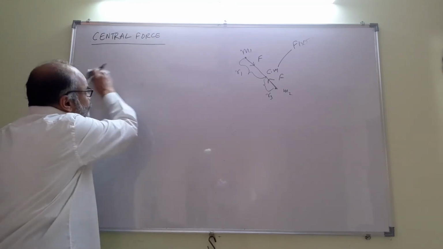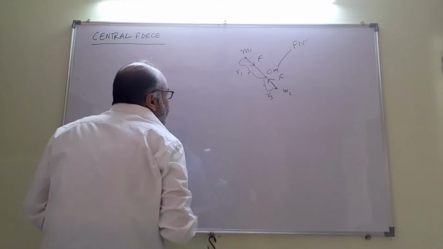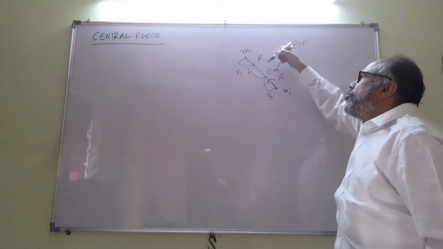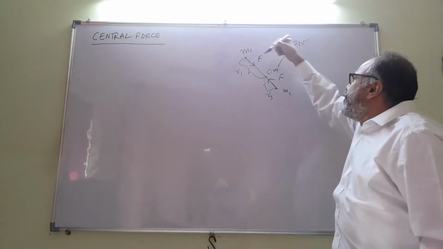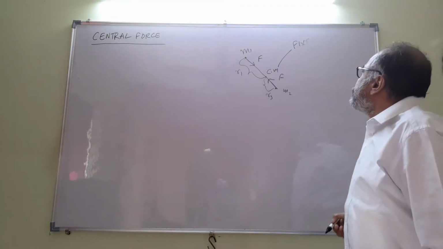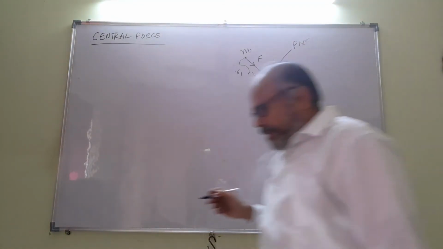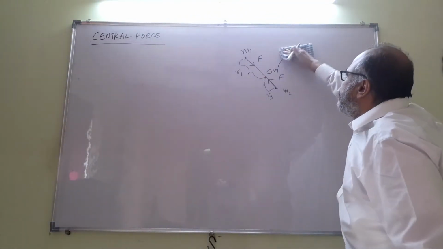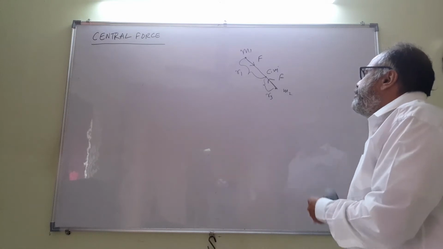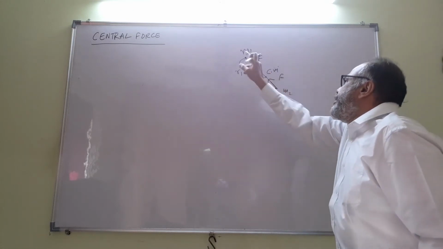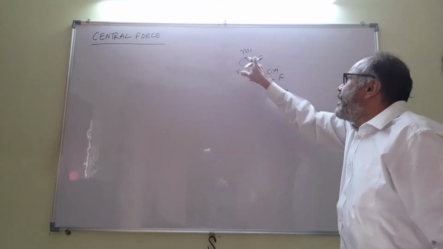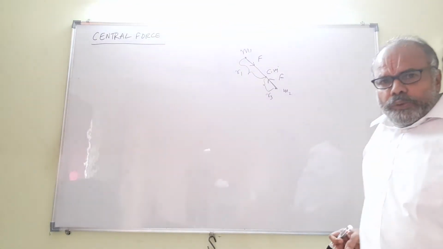One thing is very clear, that the center of mass will always lie between the two masses m1 and m2. So whichever way m1 and m2 move, the center of mass must lie between the two.